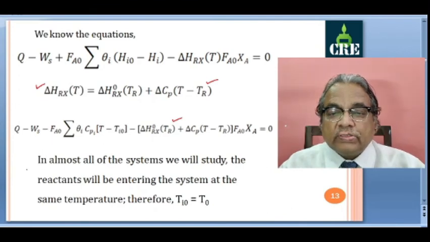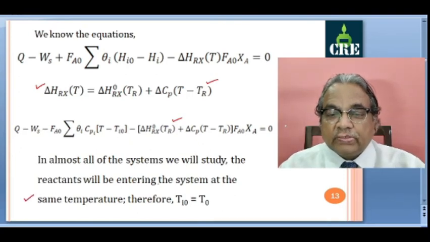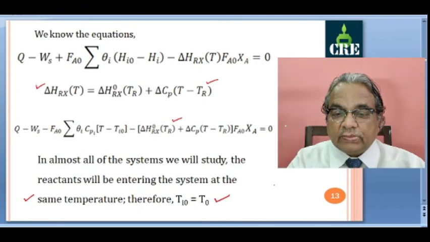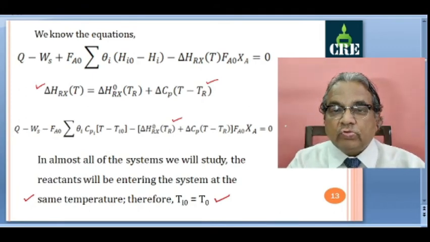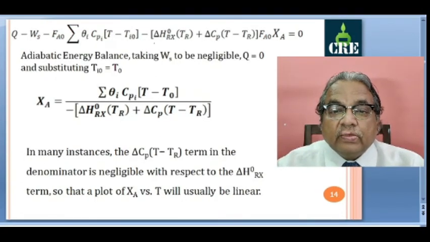Now in almost all the systems which we are going to study, the reactants will be mostly entering the system at the same temperature. So your Ti0 value will be same as T0 value. So Ti0 is equal to T0, and if it is same, then this Ti0 can be written as T0 only.